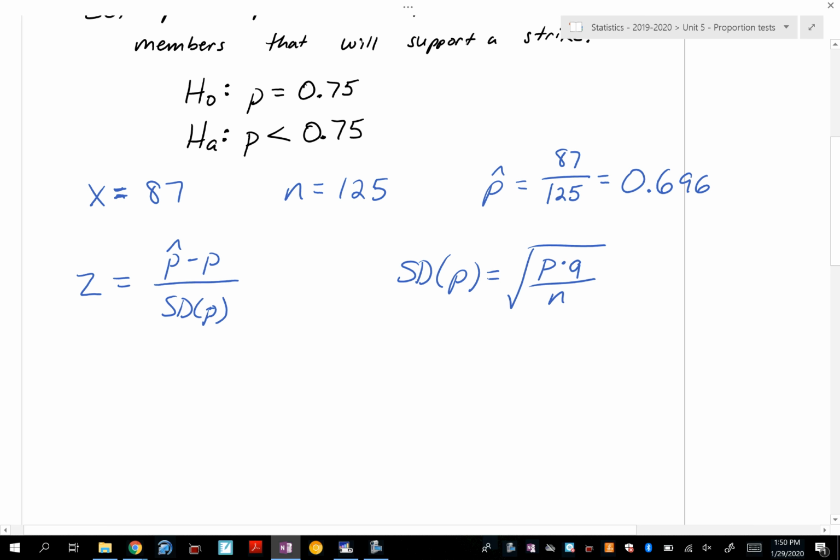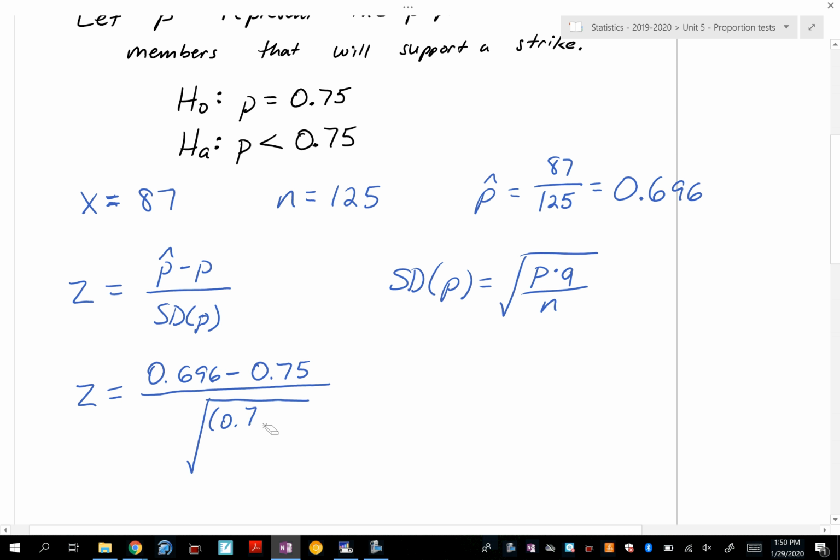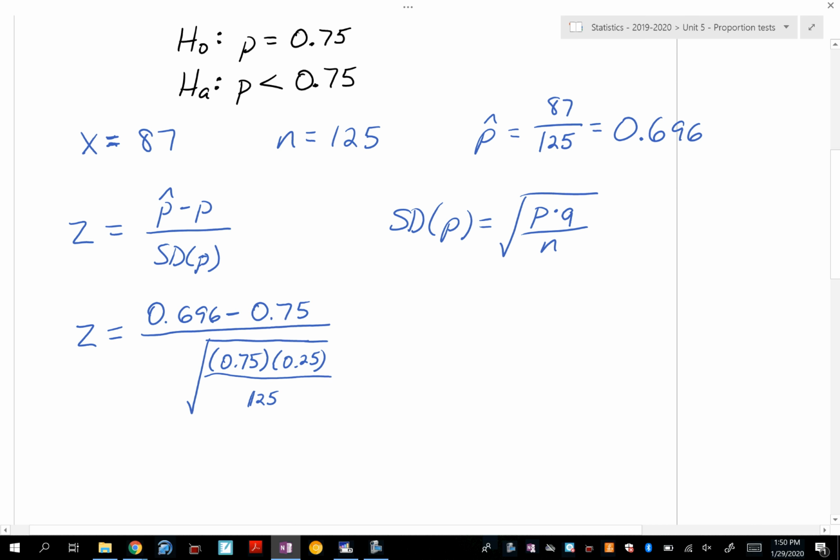Okay, so let's plug it in. So that's 0.696 minus 0.75 over the square root of 0.75 times 0.25 over 125. Jarvis, you can use the yellow calculator. I'm going to use MathCracker, so you don't have to use that. 0.25 is 1 minus 0.75.